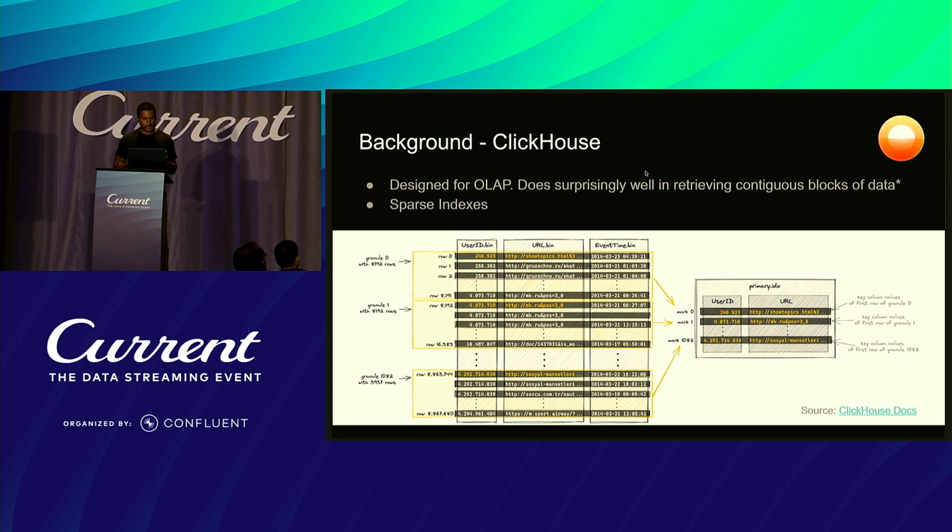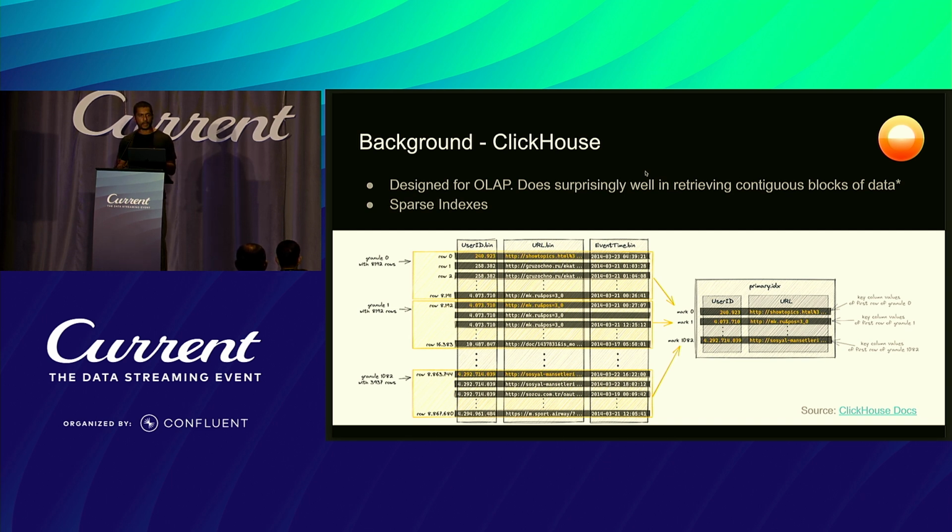A little bit more about ClickHouse. ClickHouse is designed for OLAP, and it does surprisingly well in retrieving contiguous blocks of data, which is a very interesting aspect for the problem that we want to solve. In the picture that I have here in the slides, I'm showing a feature of ClickHouse called sparse index. What it does is it allows us to use binary search to filter through sorted data.